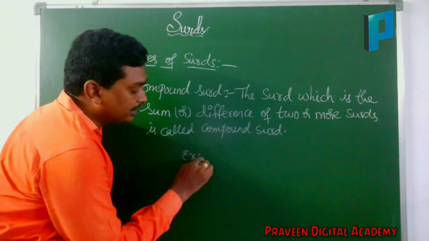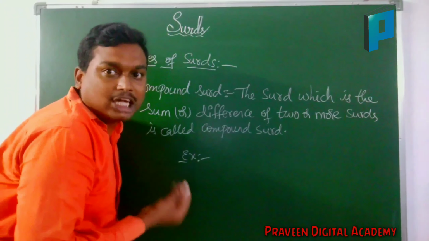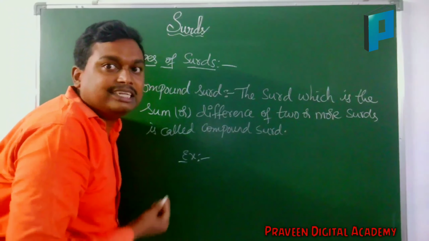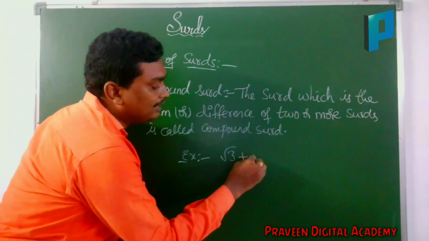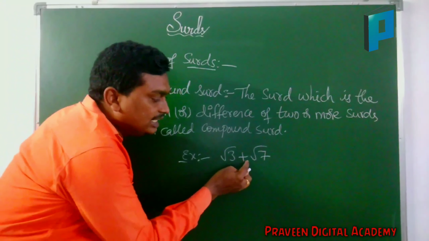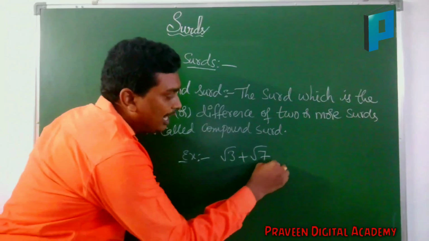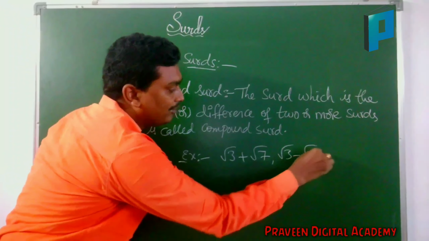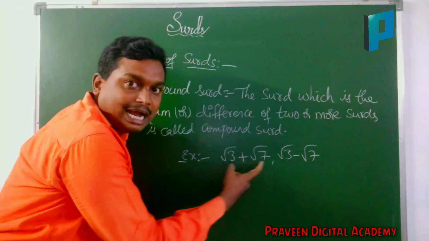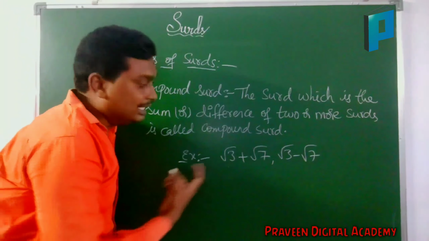If you are having two surds, and in between the two surds you are having plus or minus, then such type of surds we will call compound surds. If you are having root 3 plus root 7, these are two surds separated by plus, and sometimes you may have minus also, like root 3 minus root 7. These kinds of surds we will call compound surd.